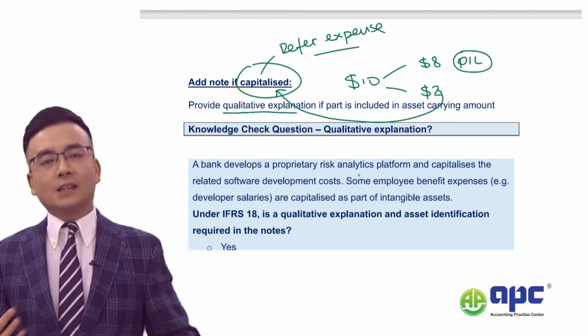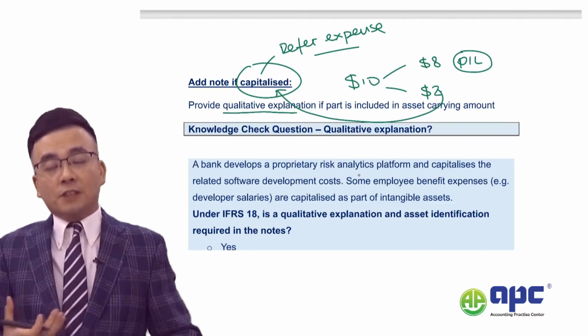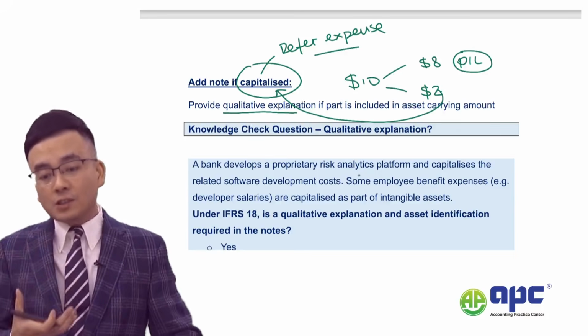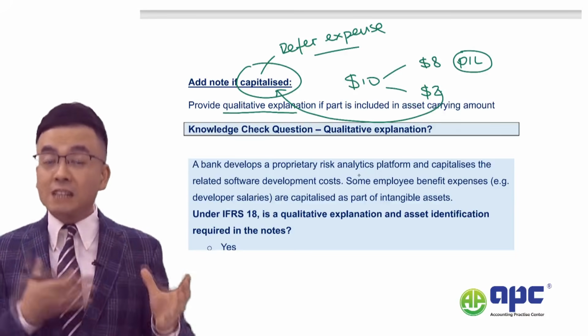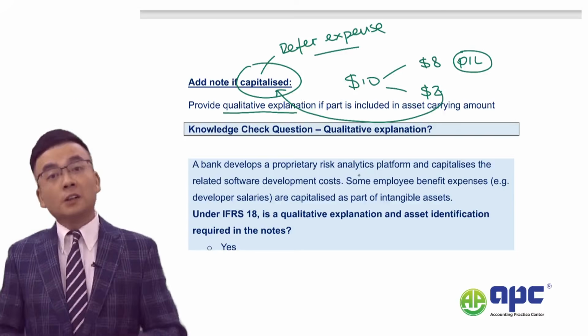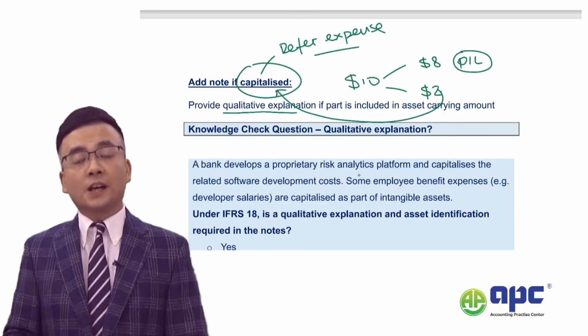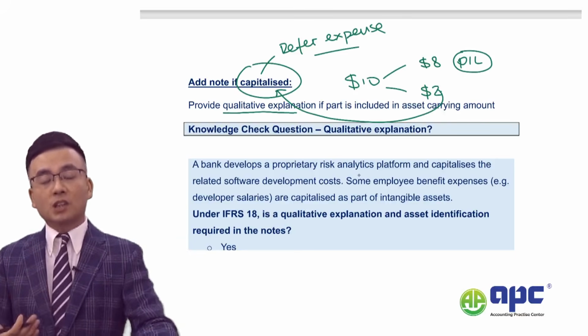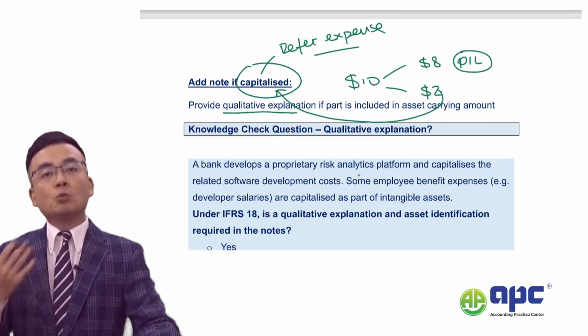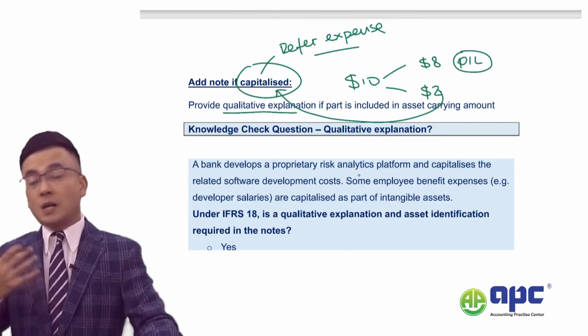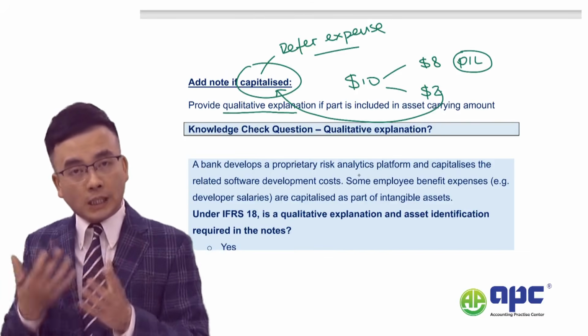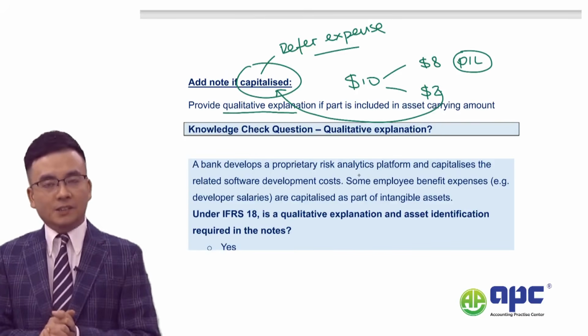Well, in practice, it would be relatively difficult for you to estimate that expense because that really requires lots of human judgment. So, for example, according to IAS 38, intangible assets, when we are determining the capitalised development costs, it would be relatively difficult to determine all the expenses to be capitalised in one go.